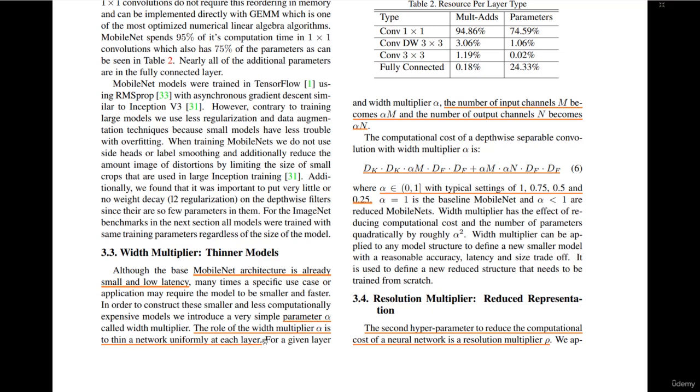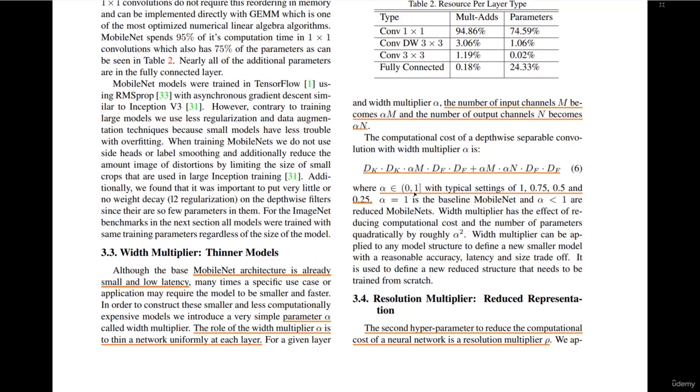So for a given layer and width multiplier alpha, the number of input channels m becomes alpha m, and the number of output channels n becomes alpha n. And from this we can recalculate our formula by replacing m with alpha m and n with alpha n. Now note that alpha lies between 0 and 1, so alpha isn't greater than 1.